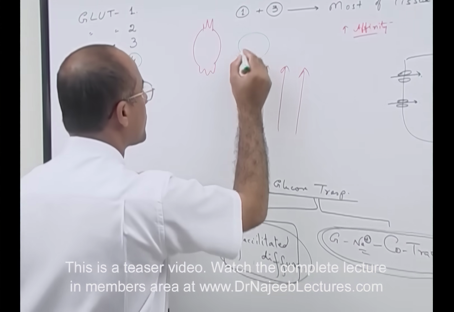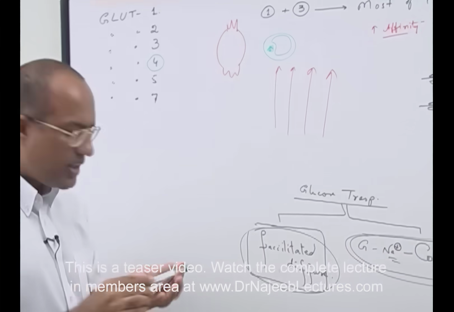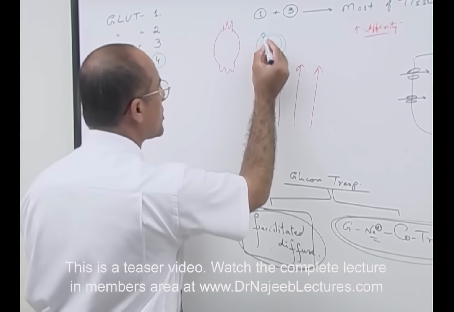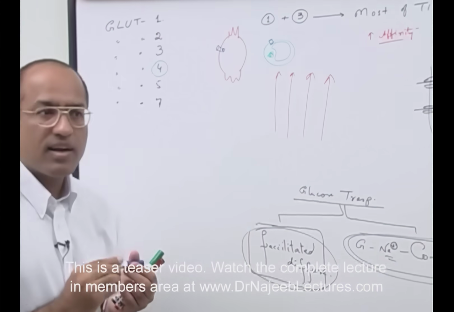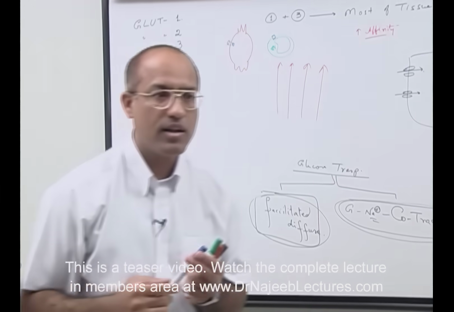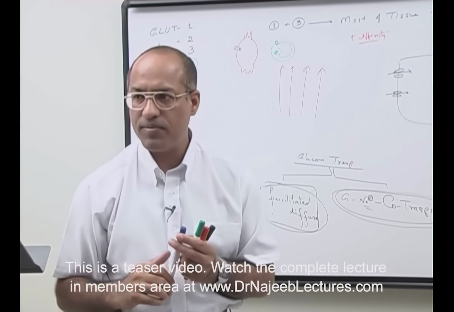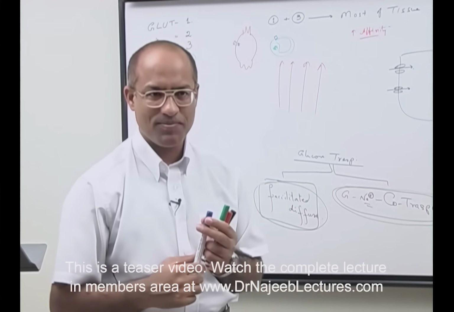Cells loaded with fat droplets, adipose cells. These cells have a special type of additional glucose transporters, and their concentration on the membrane is regulated by a very important substance. Who will tell me? Insulin.